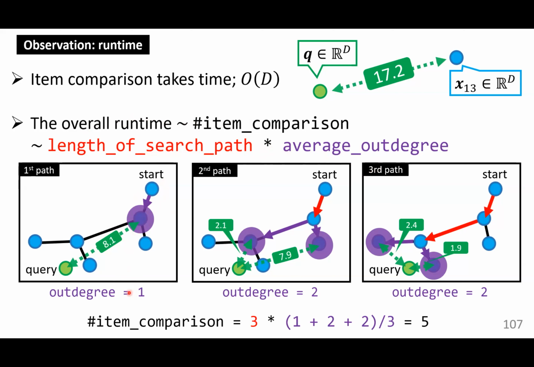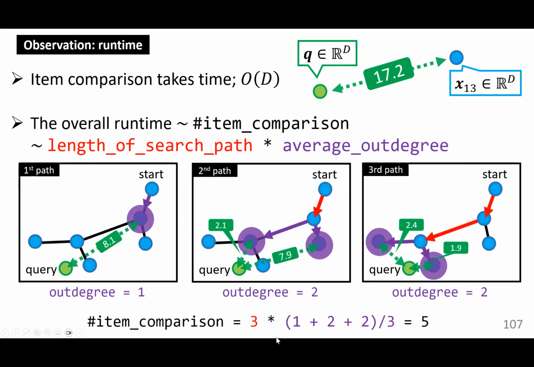In the next iteration, this node has two edges, so out-degree equals 2. Then we move to this one, and here there are also two edges, so out-degree equals 2. The length of the search path is 3, times the sum of out-degrees divided by 3, so the average out-degree is 5 over 3, and in total 5 is the number of these purple circles.